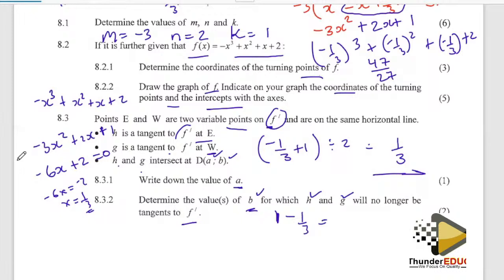Is that going to make sense? 5/3 minus 1/3.